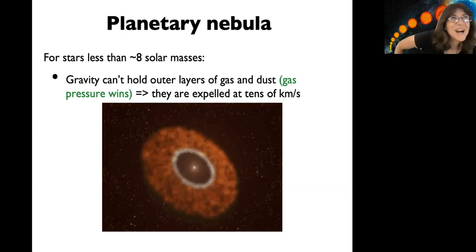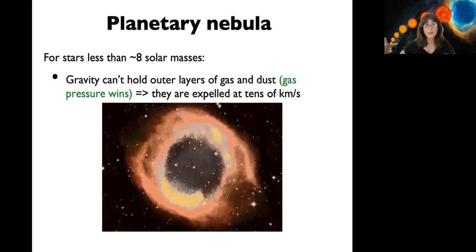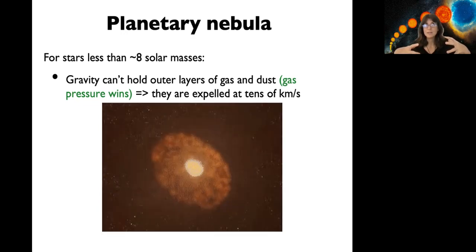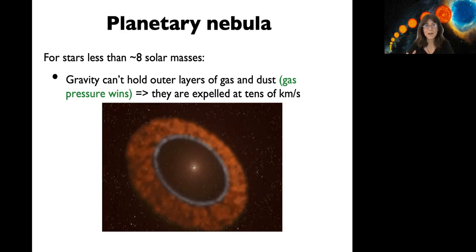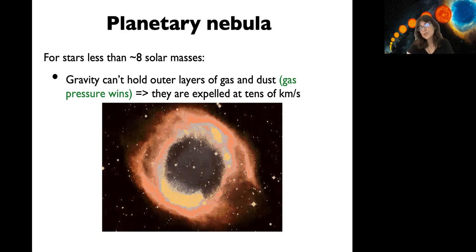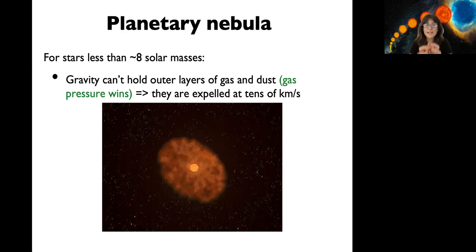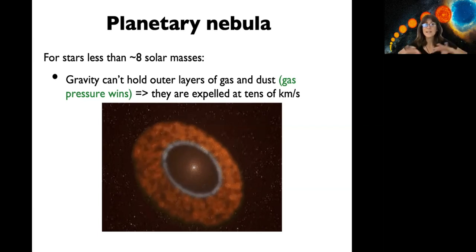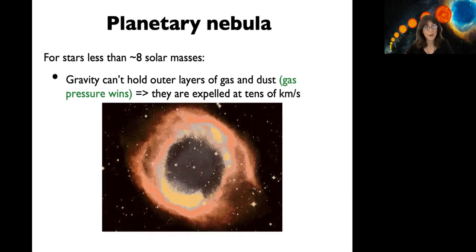It's a little complicated, but the reason why gravity can hold the outer layers when there's fusion in the core is because the gas pressure that is coming out, that is resulting from the fusion in the core, can be balanced by the gravity. But when you have fusion in a shell, the fusion rate is much higher because it's much hotter than it ever was in the core. So the gas pressure is much greater, and that's why it pushes harder, and gas pressure in this case wins over gravity.